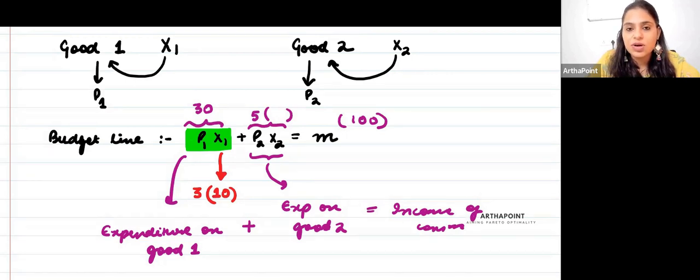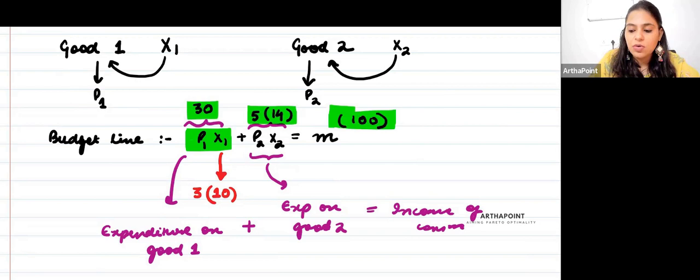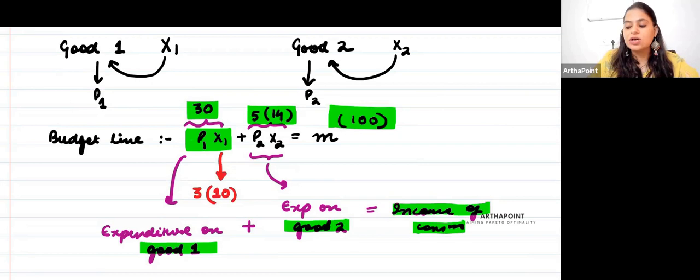I must consume 14 units. 14 into 5 will give me 70 plus 30, 100, which is the income of the consumer. So if the consumer exhausts his entire income, expenditure on good 1 plus expenditure on good 2 must be equal to the income of the consumer.